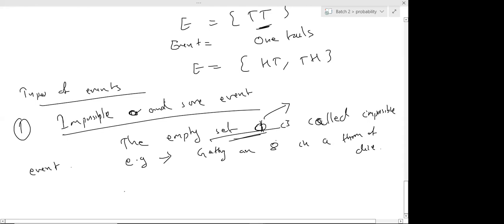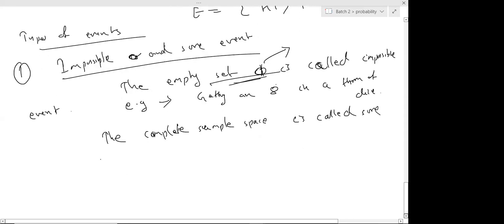So what is a sure event? The complete sample space is called a sure event. If you take all the elements in the sample space, the whole set, that will be a sure event.